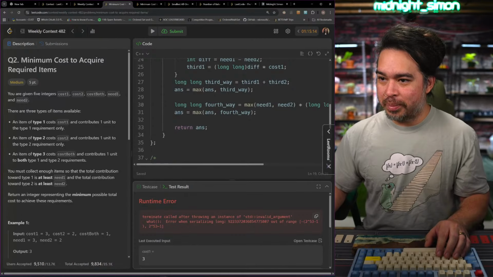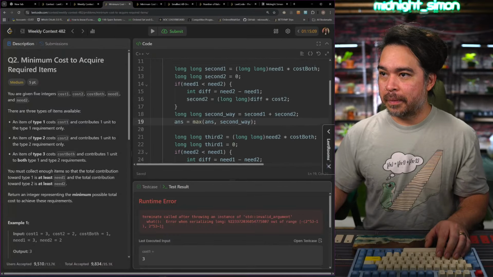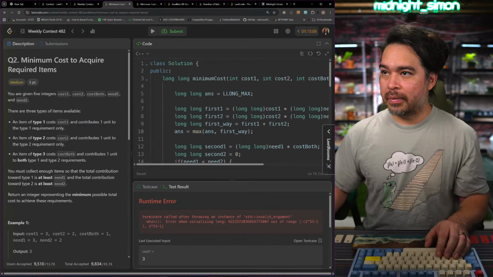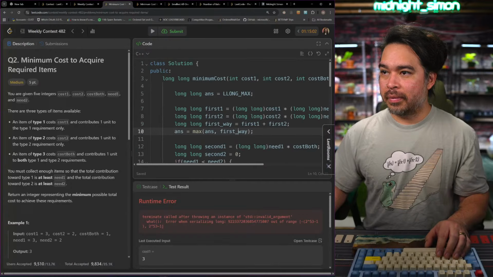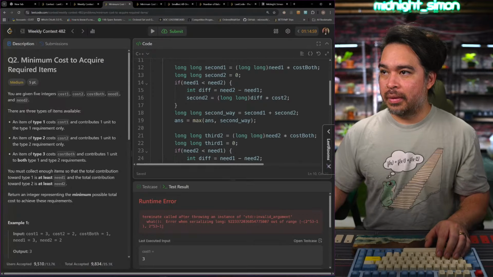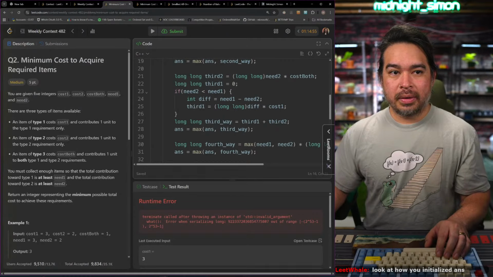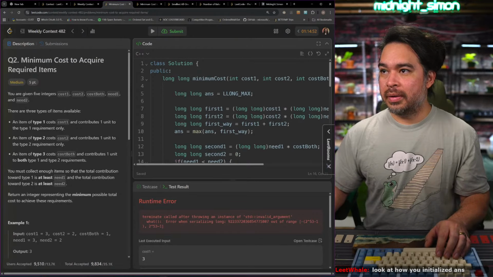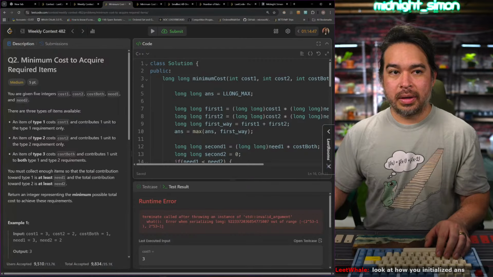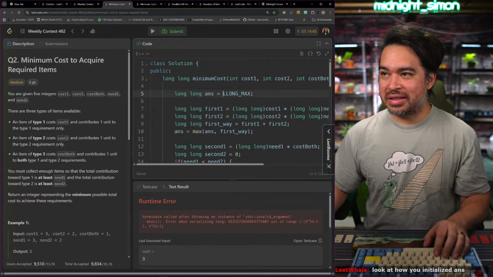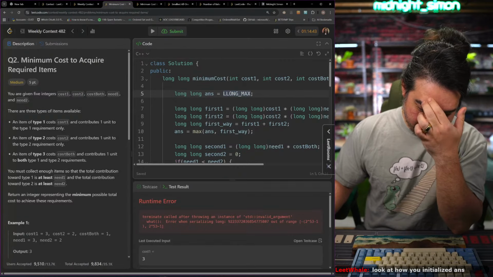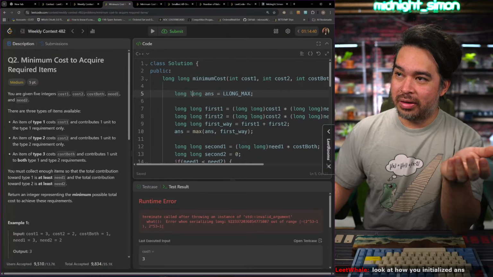What are they talking about, man? Look at how you initialize ants. Wait, what's wrong with that? Long, long, long, long, right?